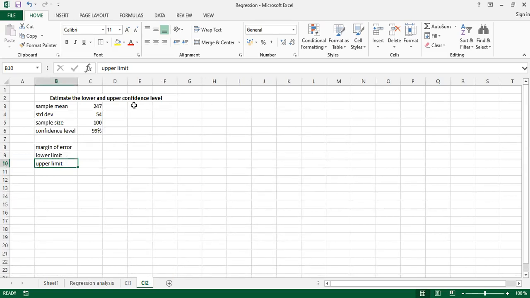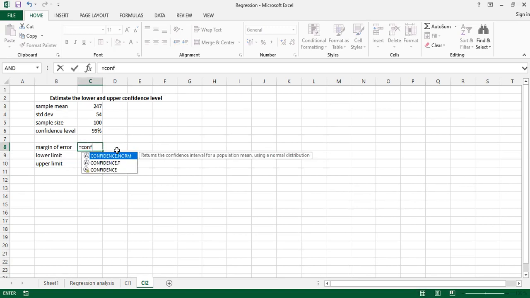Assume that now the sample size is 100, so you can see it's above 30. When the sample size increases, it's assumed to be a normal distribution of the mean. So here we'll use CONFIDENCE.NORM.